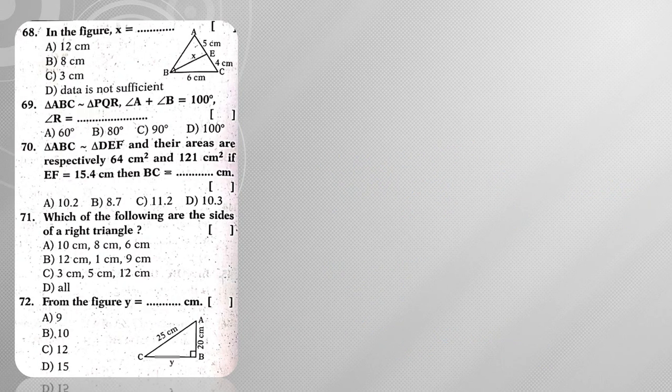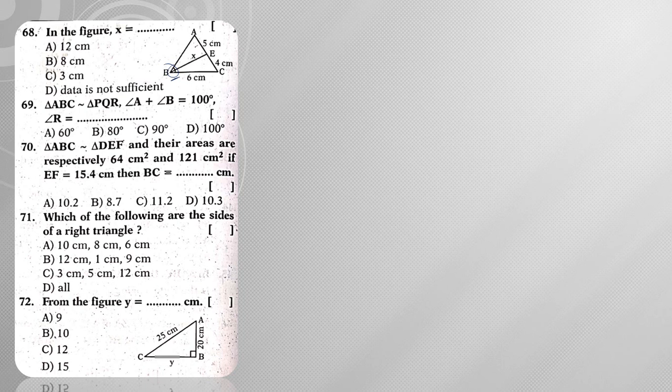Next, moving on to question number 68. In the figure, what is the value of x? Now if you observe carefully, he did not mention that this is an angular bisector or something. He did not clearly mention what it is.